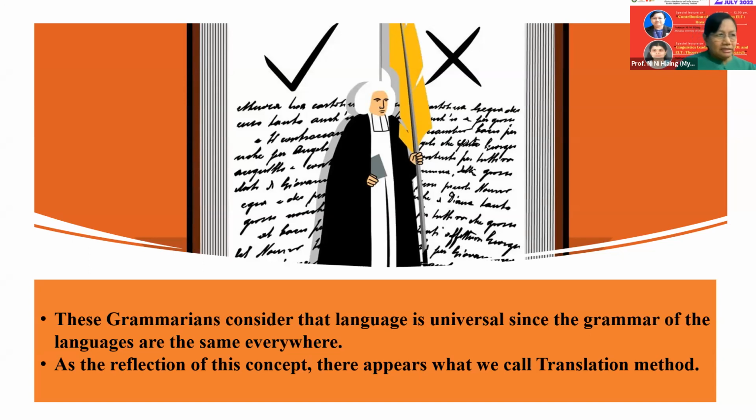These grammarians consider that language is universal since the grammar of the languages is the same everywhere.